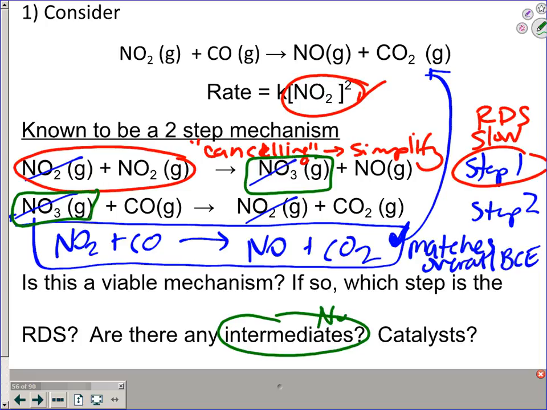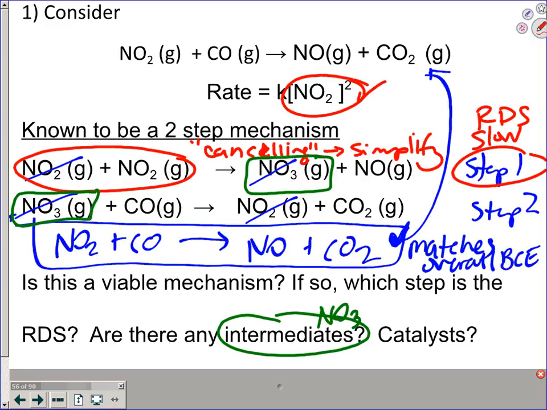And then who's the catalyst? Who? So I heard NO2. Good. So it has to be used as a reactant and then come out as a product, right? Because you can't have it being used up at all. If you have a simple reaction with just one elementary step, there would be no intermediate.